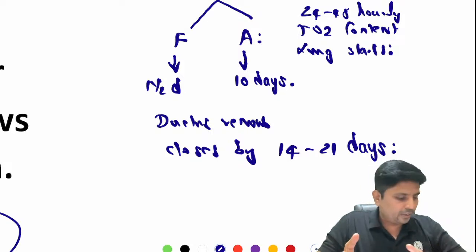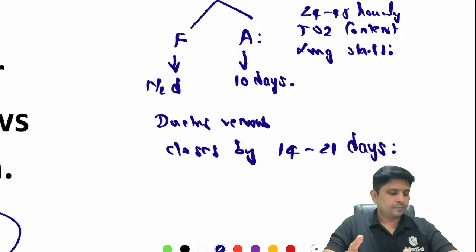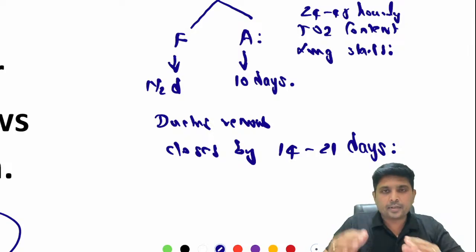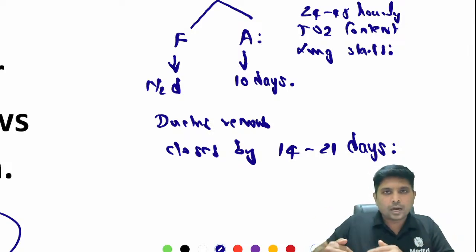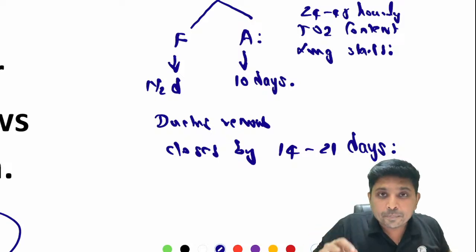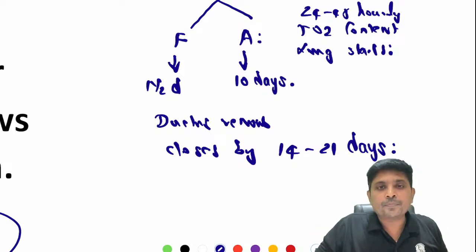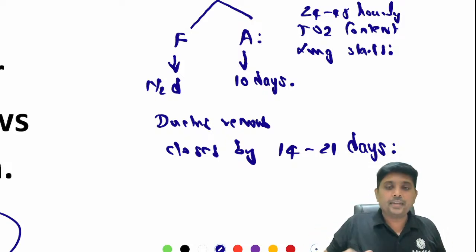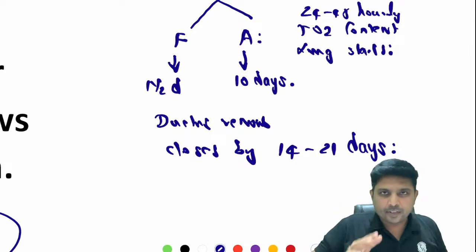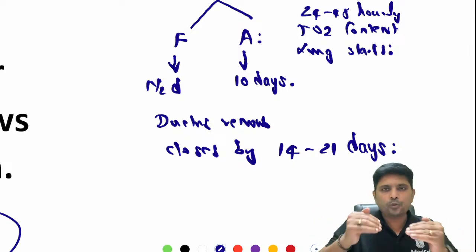Listen to me carefully. Time starts. Oxygenated blood comes from the placenta through the umbilical vein and reaches the liver, and it bypasses the liver by means of the ductus venosus, and then reaches the right atrium through the inferior vena cava. In the inferior vena cava, deoxygenated blood from the lower limb also joins.